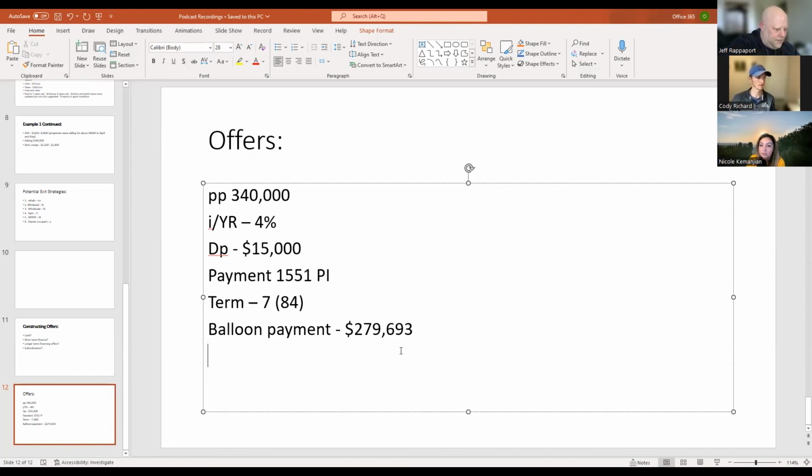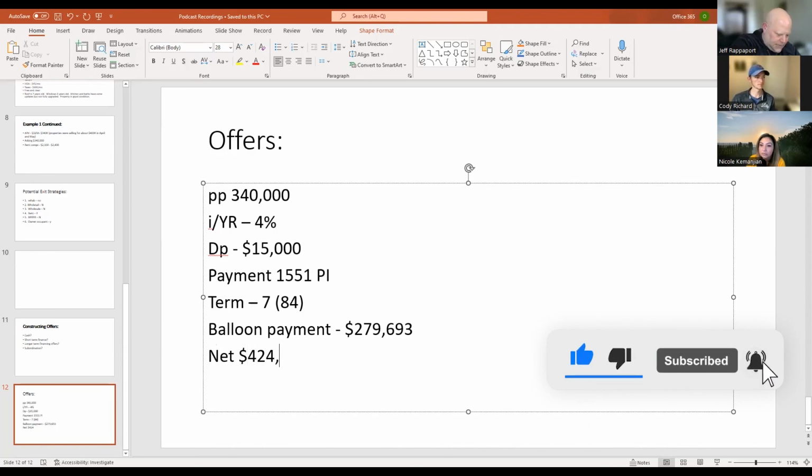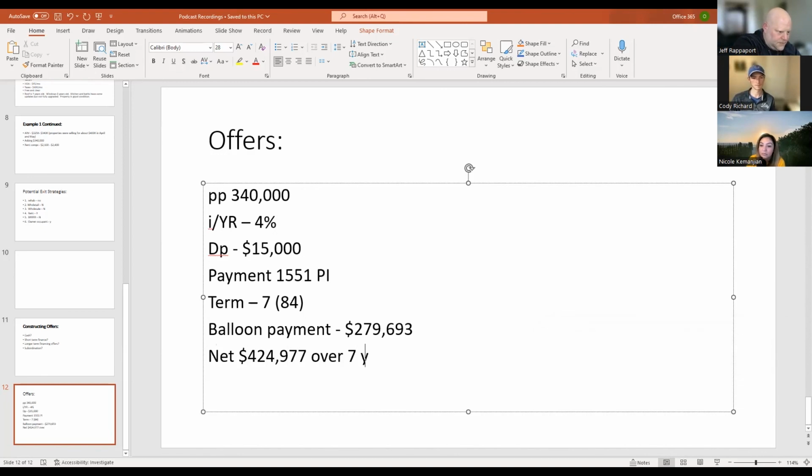So now they net 424,977 over 7 years. They're asking 340. If they're willing to do this, they make an extra almost $85,000 for staying in it for a while. That might be enticing.